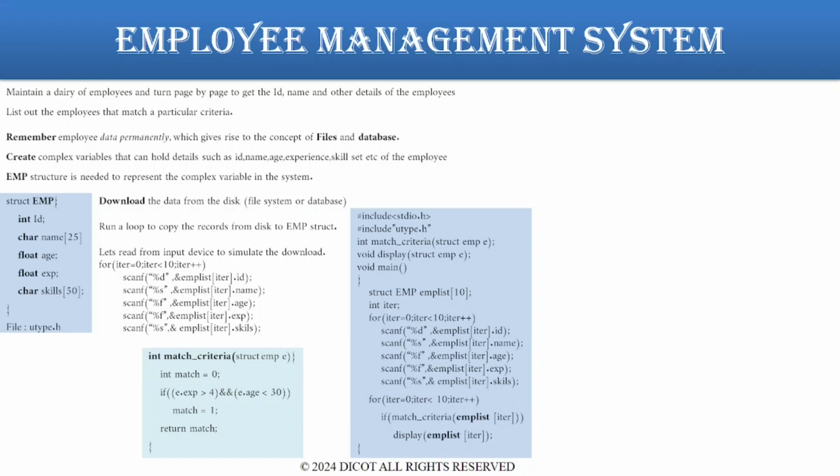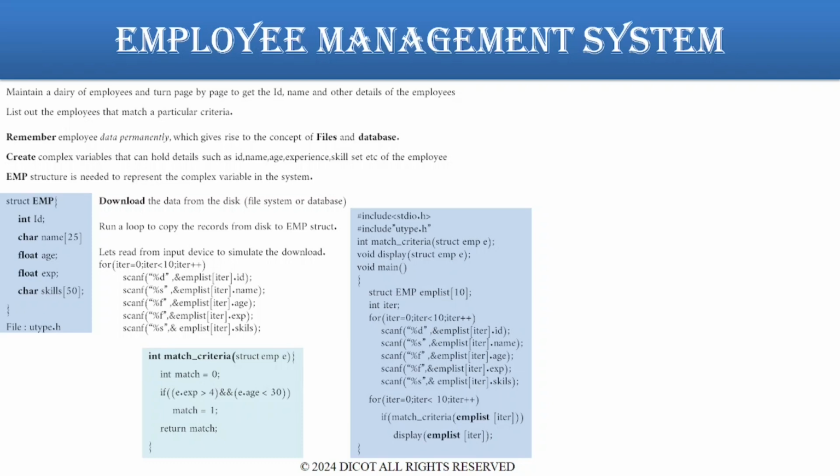It accepts an employee record, and in the employee record, it checks the data members experience and age. If experience is greater than 4 and age is less than 30, the criteria is matching, so variable match is set to 1. Otherwise, variable match will remain 0, and the match criteria function will return the value of the variable match.